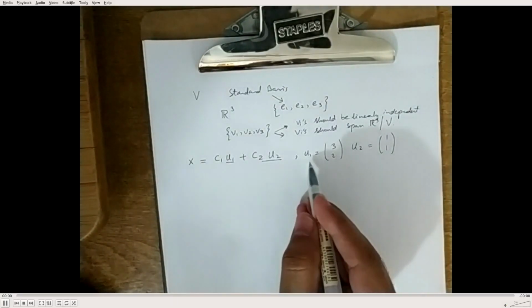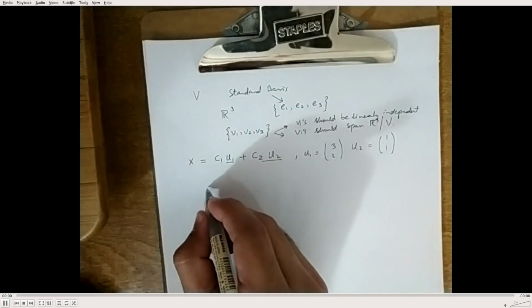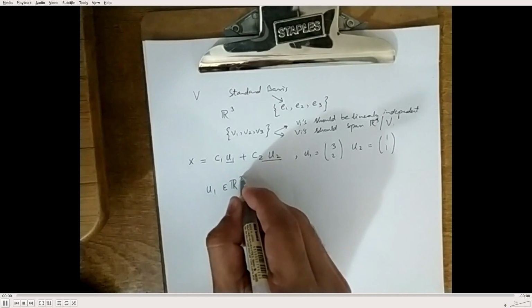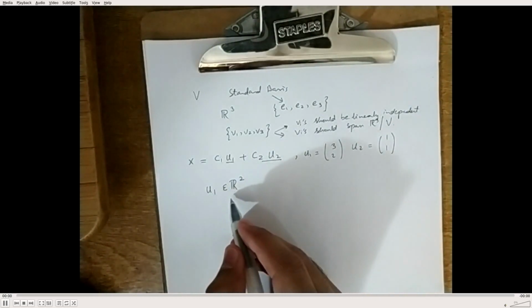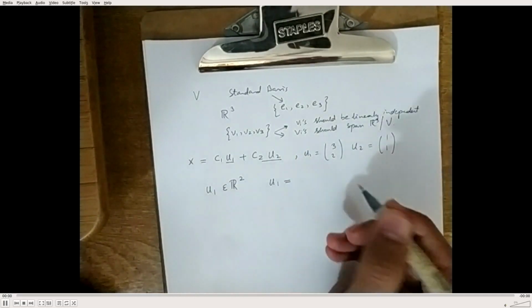First, think about these vectors U1 and U2. Notice that U1 is just another vector in R2. Even though it's a basis vector, it's still just a vector in R2, which means you can just write U1 in terms of the standard basis.